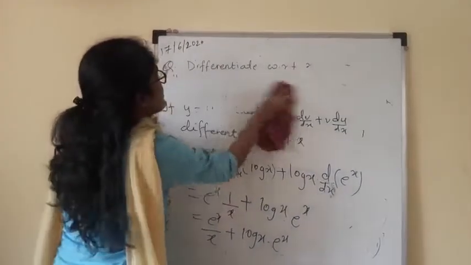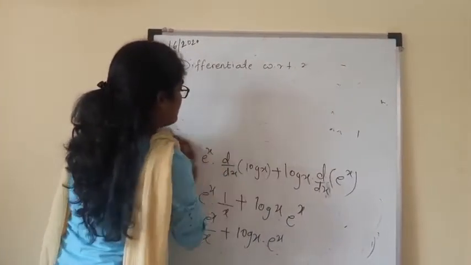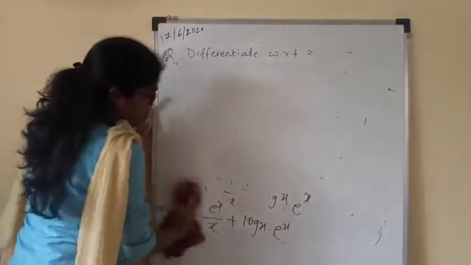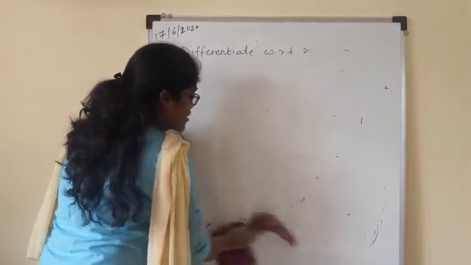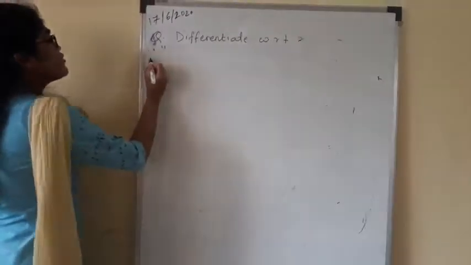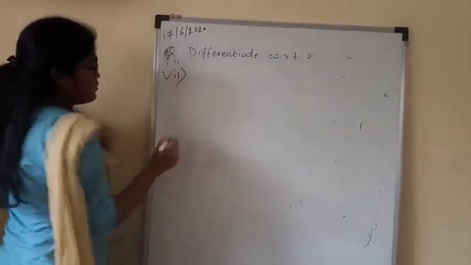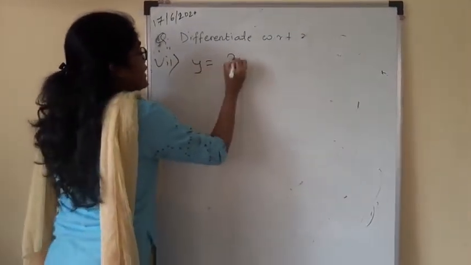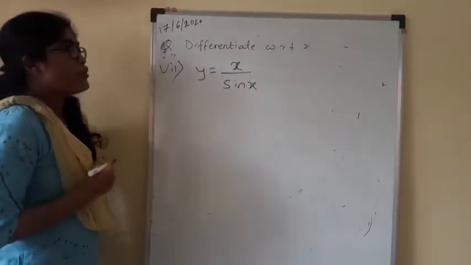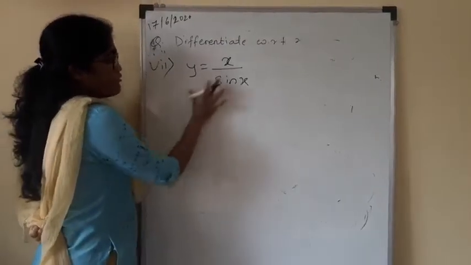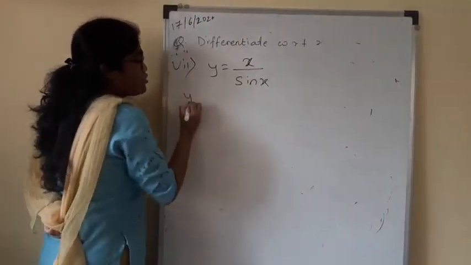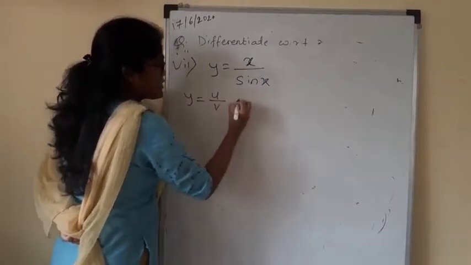Seventh example: y is equal to x upon sin x. So we know that this function is in the form of a quotient, and we have seen this result yesterday.